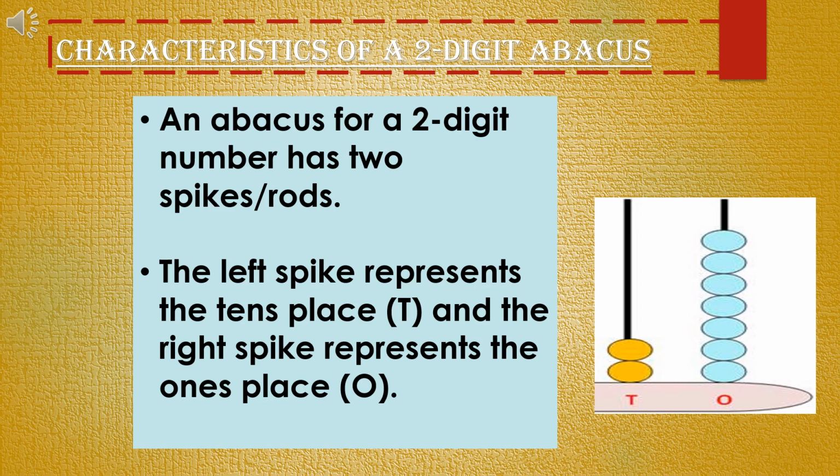So in this case, in the picture, if I ask you which number it is, for the tens place you will write 2, as there are 2 beads in the tens place, and counting the number of beads in the ones place we write 7. So the number is 27. 7 ones and 2 tens.